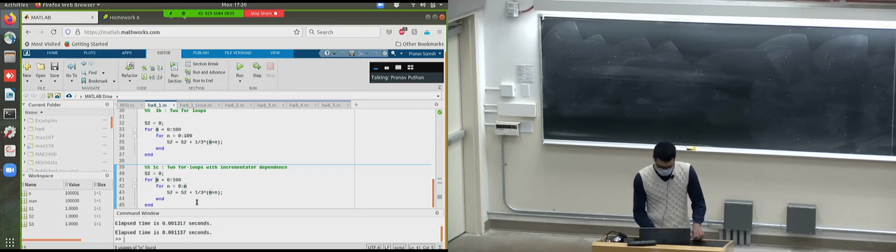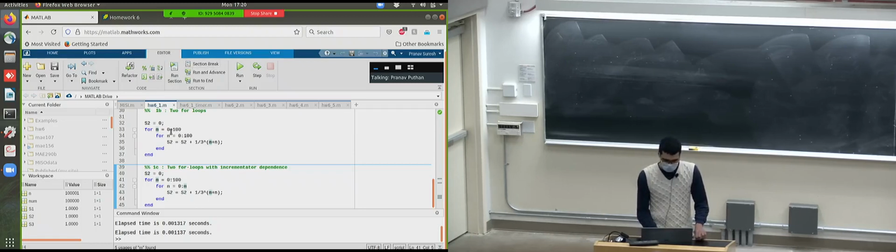Okay? Other than that, the concept is the same. You just put two loops inside each other, and that is called nested loops. So nested for loops, you can have nested if statements as well, right? So if you have one if statement inside another, it's called a nested if statement.